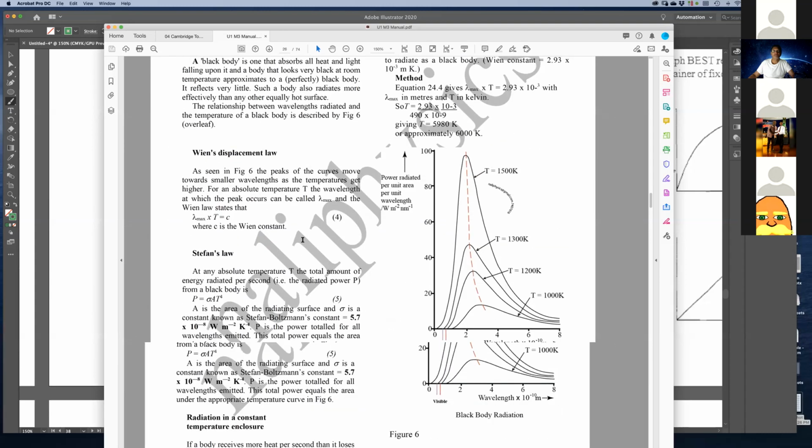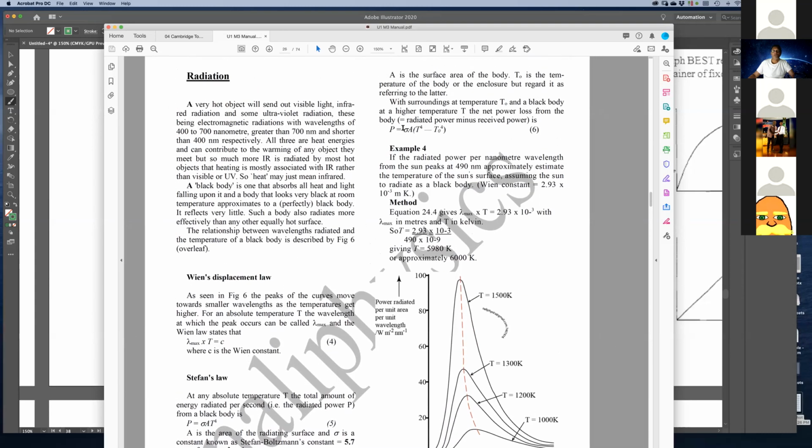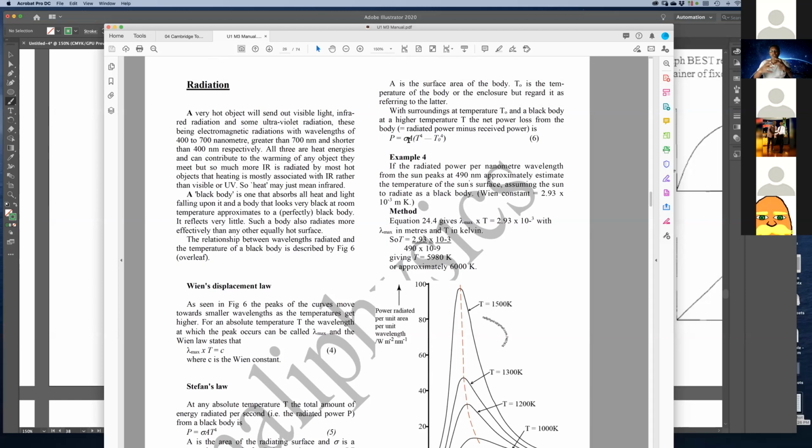For example, if that cube is radiating heat, but it's also receiving heat, then you have to use 2 temperatures, because not only is it losing, it is also gaining. In that case, you use T1 to the power 4 minus T2 to the power 4, the difference. So it's the same law, just applied twice to the body.